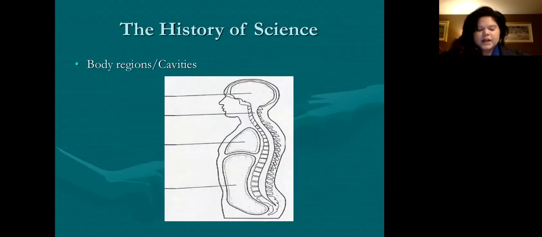As far as body cavities, there are many, many body cavities that we need to know and what's housed in each specific cavity. So the cranial cavity is where the brain is housed. The spinal cavity, of course, some of these are very obvious, holds the spinal cord, as well as the extension of the brain going down.